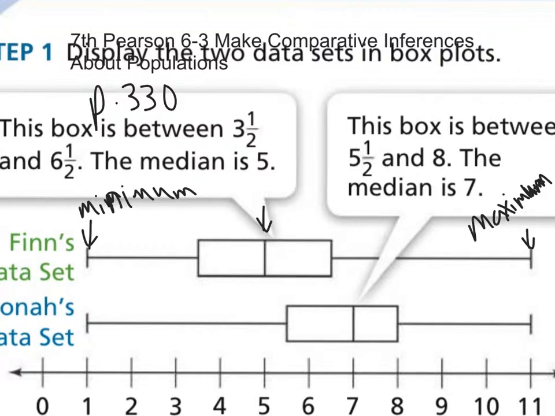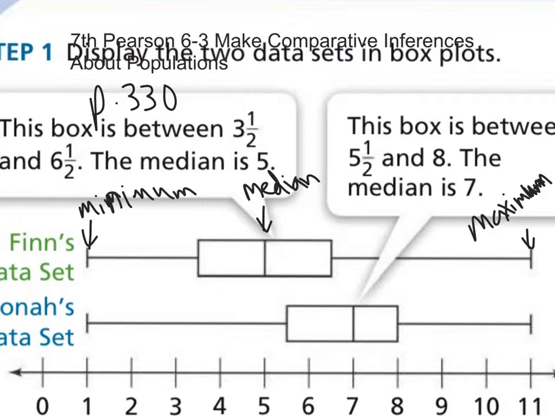Where the two boxes meet, that's the median. We already talked about the other day that in a box plot, each section represents about 25%. Think about the median right in the middle: about 50% is below that, 50% is above that. To get 25% in each group, we have 50% below the median.